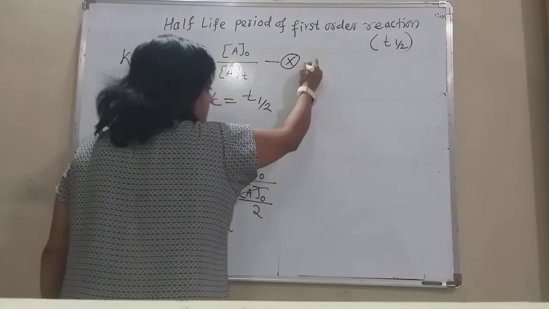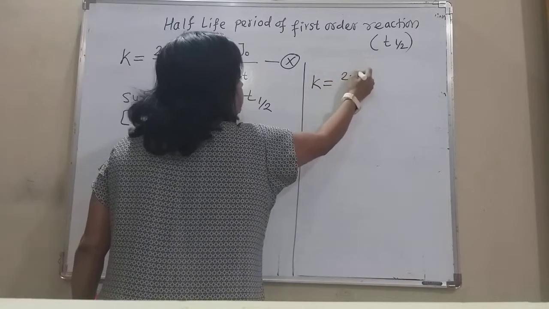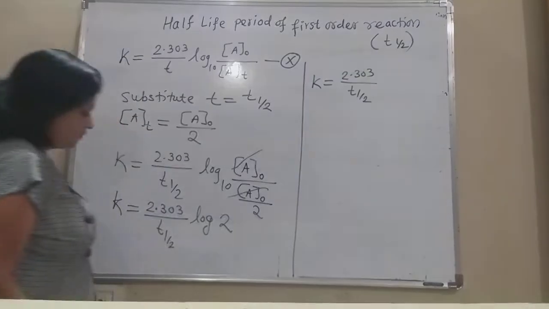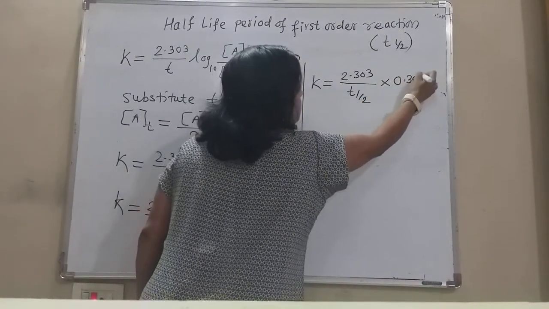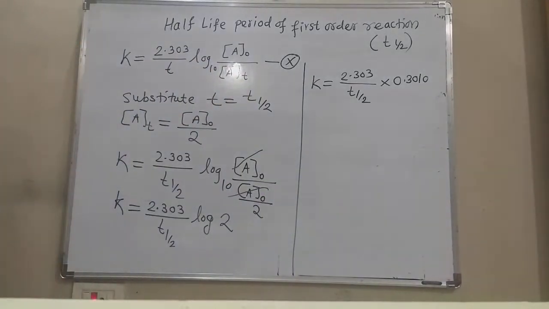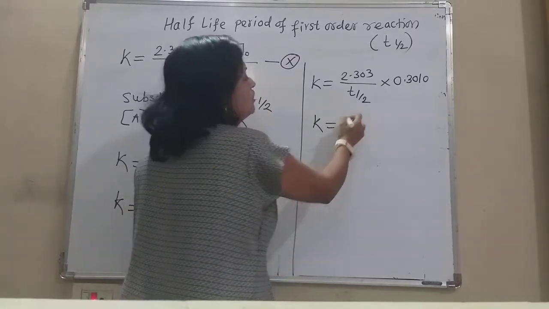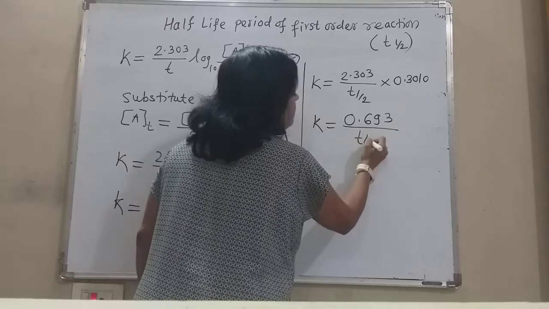Then this equation becomes k is equal to 2.303 upon t half into 0.3010. Now this is the log of 2, and after multiplication of this it becomes k is equal to 0.693 divided by t half.